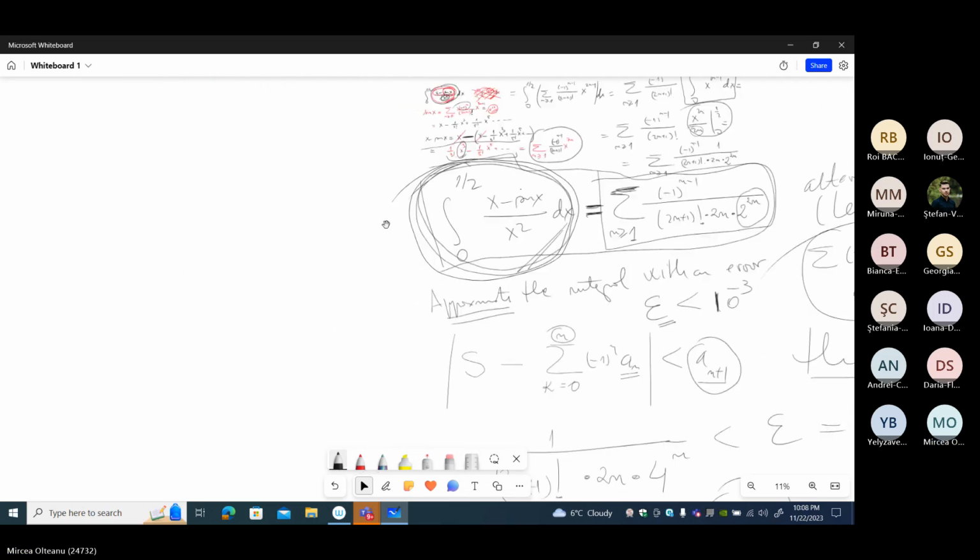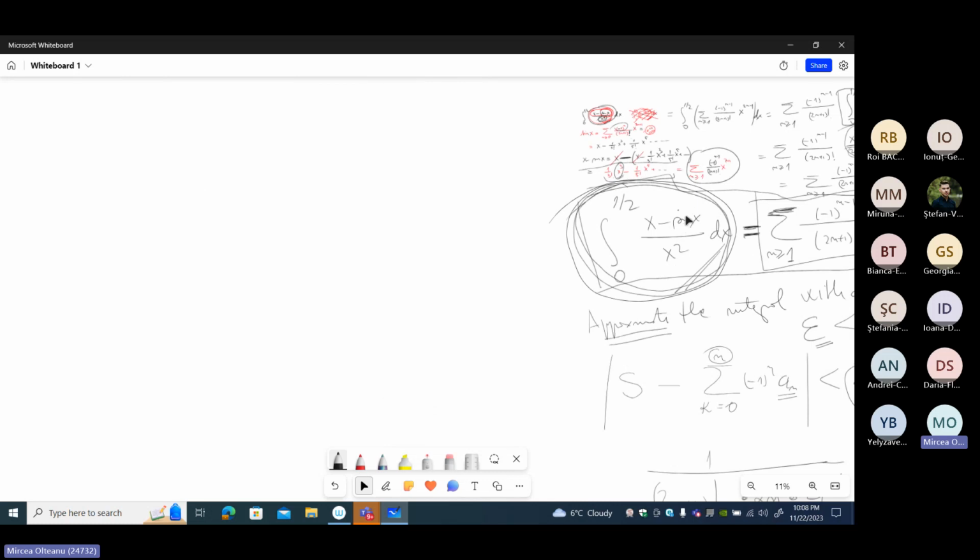And here, the usual elementary functions can appear in exercises, such as square roots, logarithms, exponential, trigonometric functions, inverse trigonometric functions. You must know their power series and use them in this way. If you have any question.